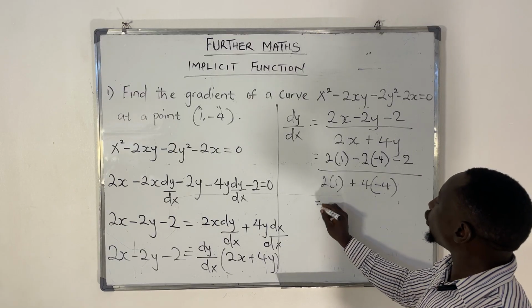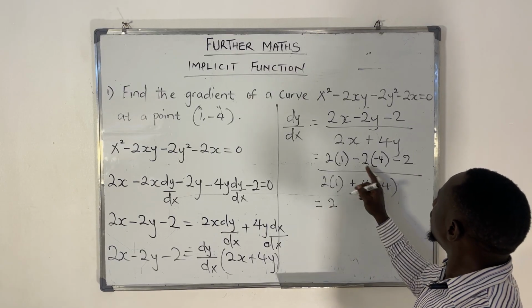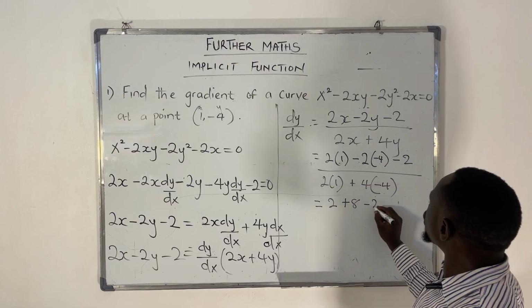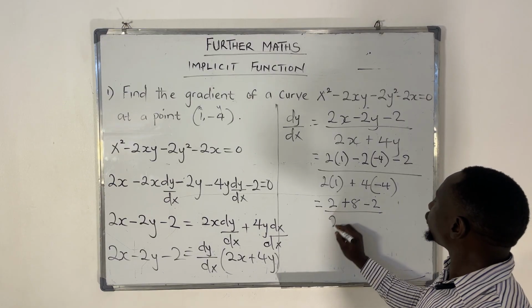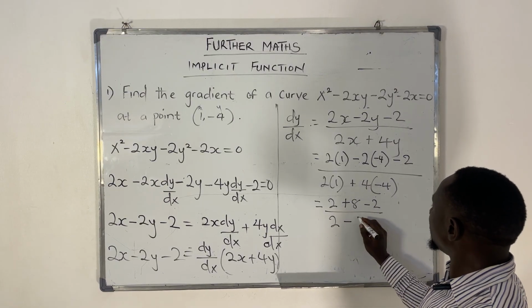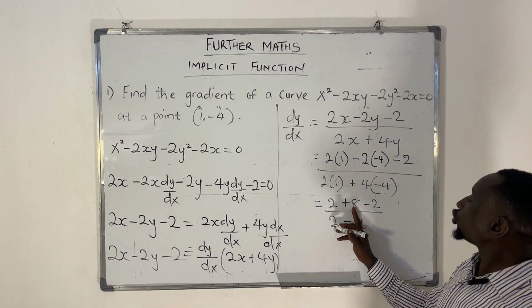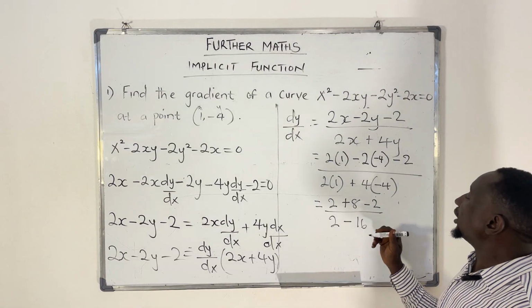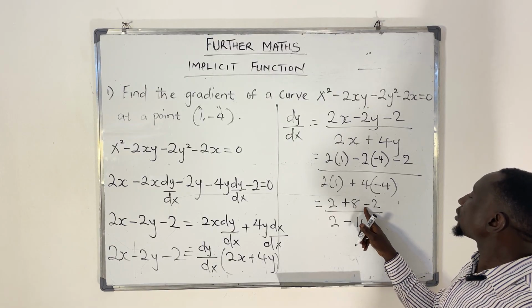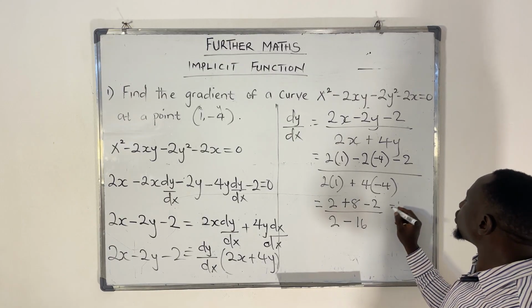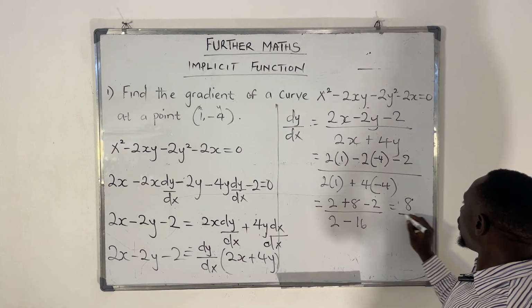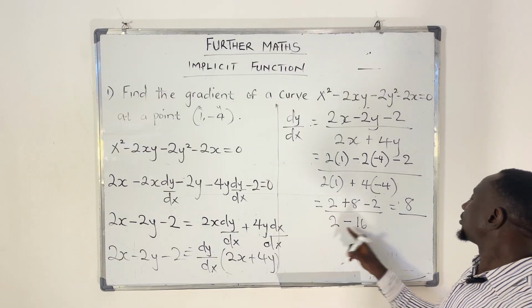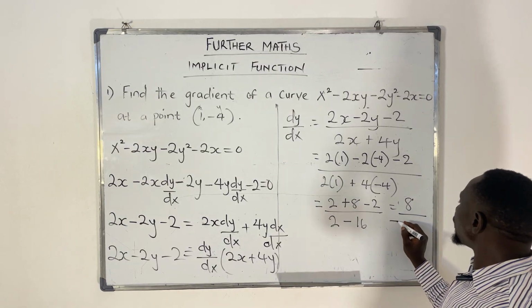If you simplify this, you have 2 plus 8 minus 2 over 2 minus 16. Now 2 plus 8 is 10, 10 minus 2 is 8, over 2 minus 16 which gives you minus 14.